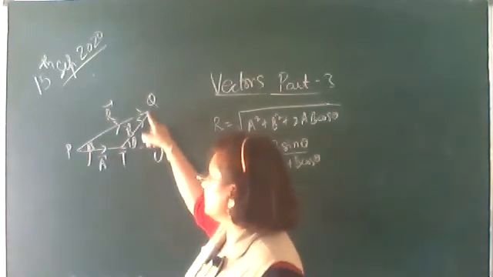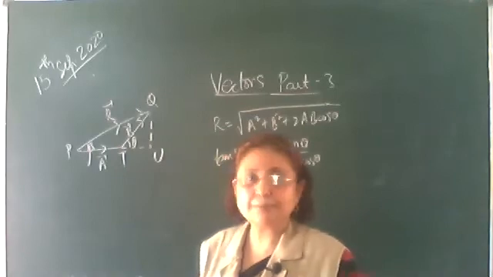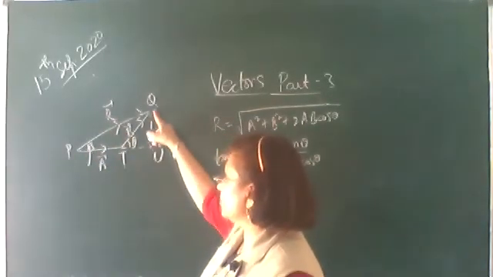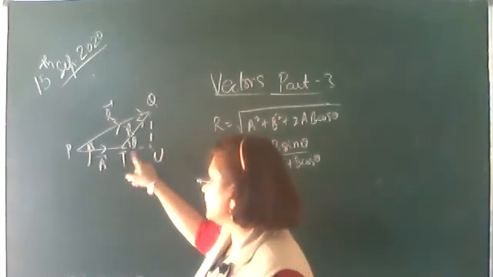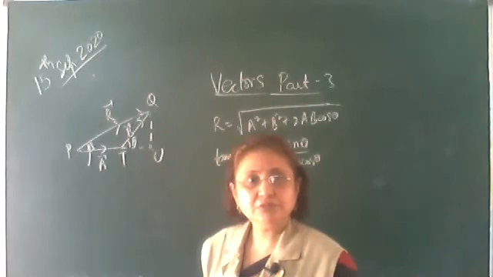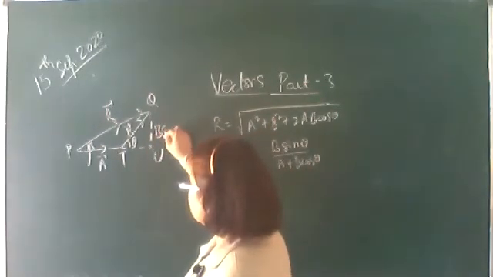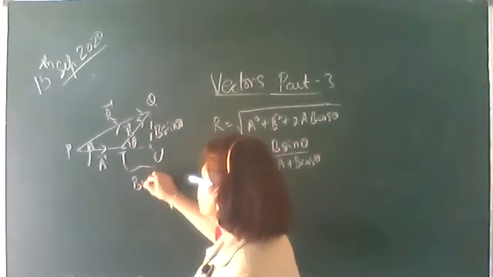This is a right angle triangle. PQU is a right angle triangle. Use the Pythagoras theorem. R square is equal to PU square plus QU square. PU can be written as PT plus TU, and QU will be equal to B sin theta, and TU is equal to B cos theta.